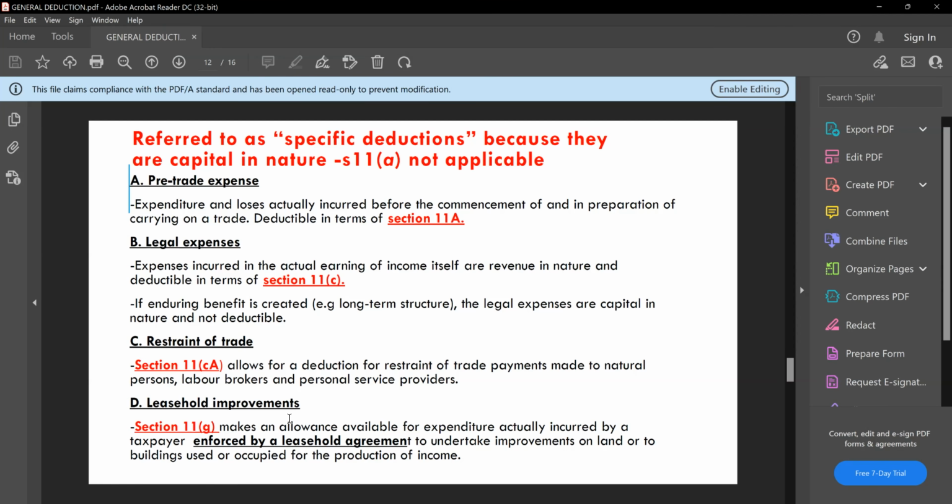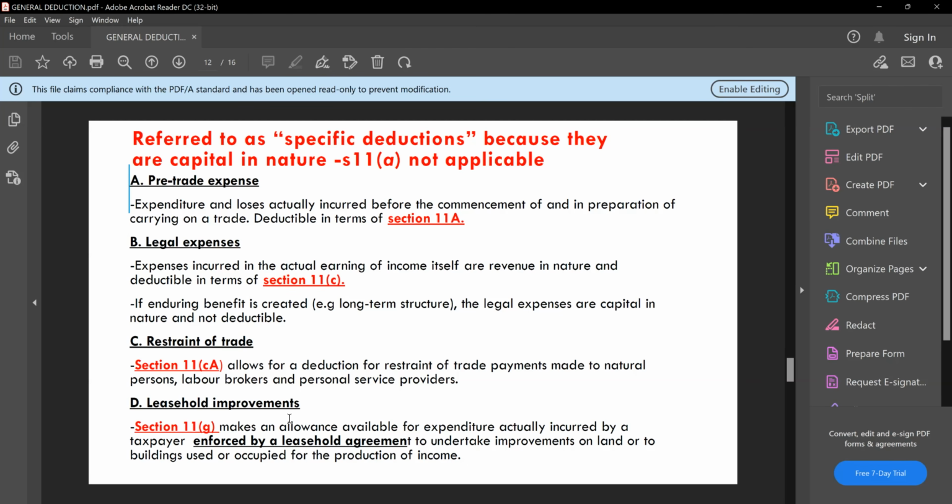So the most important thing about leasehold improvements is that there has to be an obligation, right? There has to be an obligation imposed on the lessee to effect improvements on this property. If there's no obligation in terms of the lease agreement, then the lessee cannot deduct this amount, and the lessor cannot be taxed on the value of the leasehold improvements.